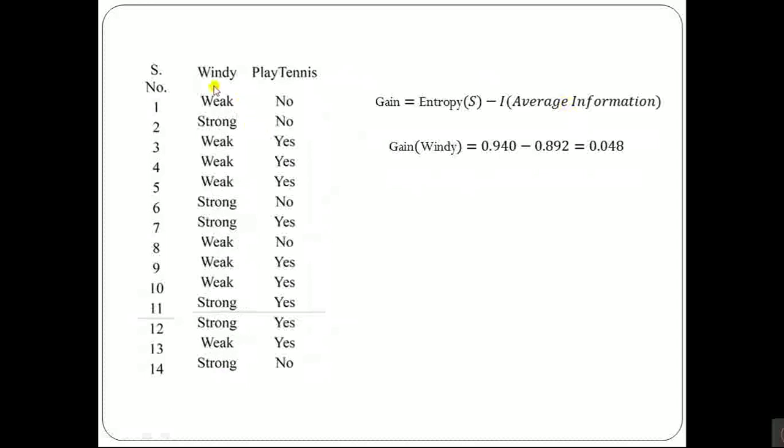The next attribute given in the table is windy. Here also we need to calculate how many weak and how many strong there are. Based on that, with how many no and yes, calculate the entropy and average information. I get entropy 0.940 and average information 0.892, so the gain is 0.048.